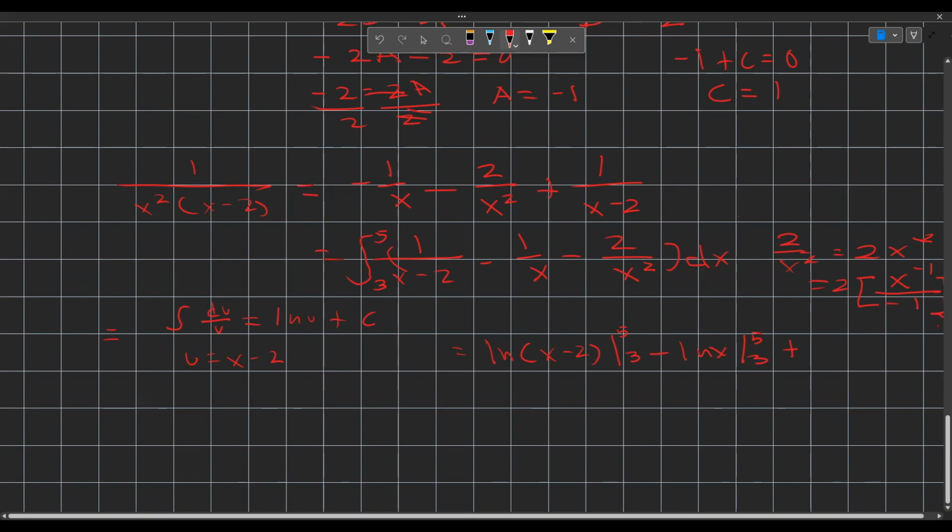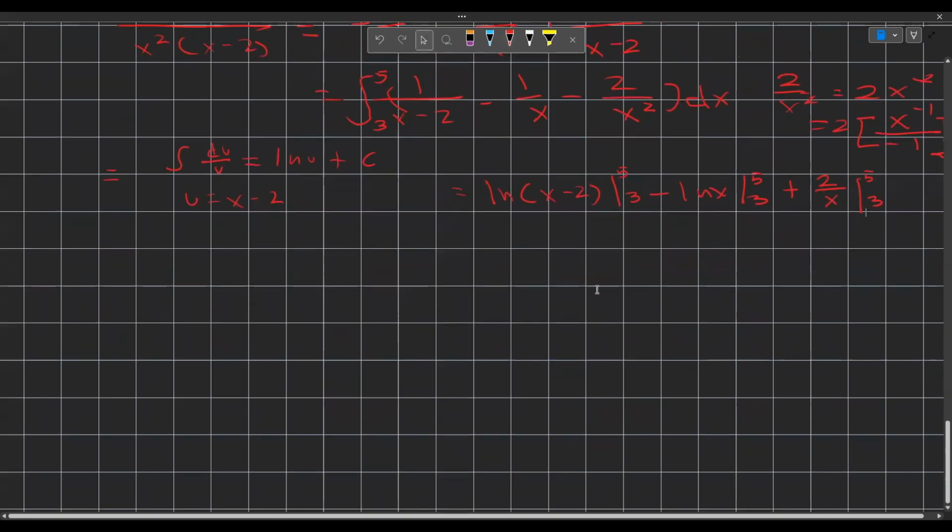Which means that our last term will become positive 2 over x, since negative times negative will be equal to positive.